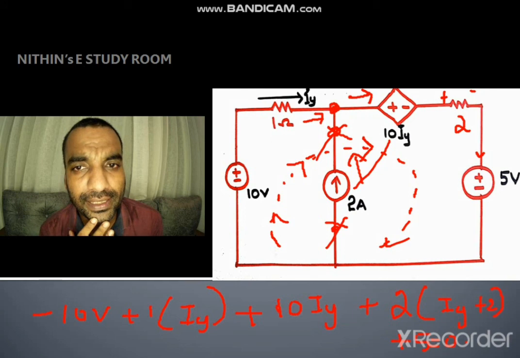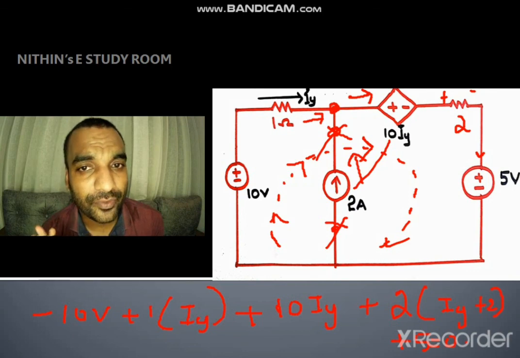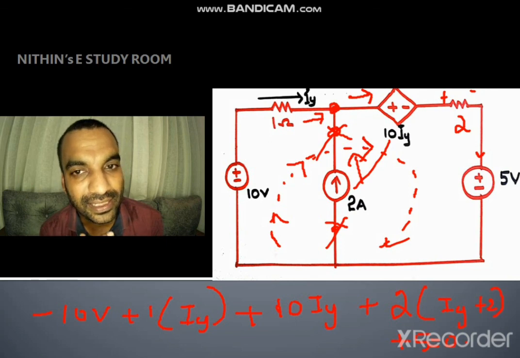It may not be the case in all problems. How is this possible? Because here you have to find only IY. IY is the loop current, the only unknown in the external loop. That's why you can solve this problem with the single KVL of the external loop.